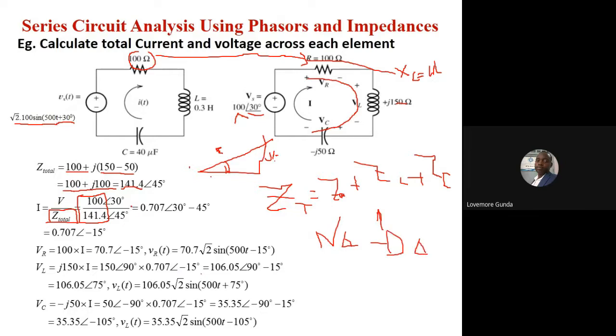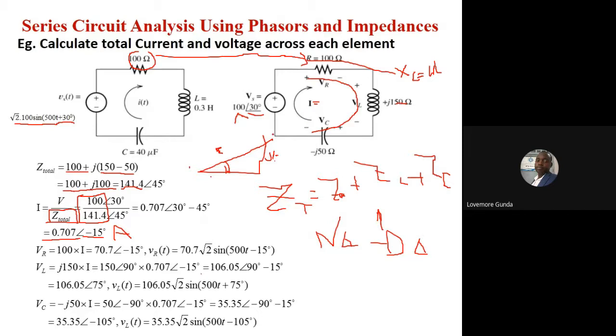So here it will now become 30 minus 45. That's why we have a minus 15 degrees, because it's the numerator angle minus the denominator angle when you are dividing these phasors, right? Then you get your 0.707 amperes at minus 15 degrees. So now we know this current is 0.707.